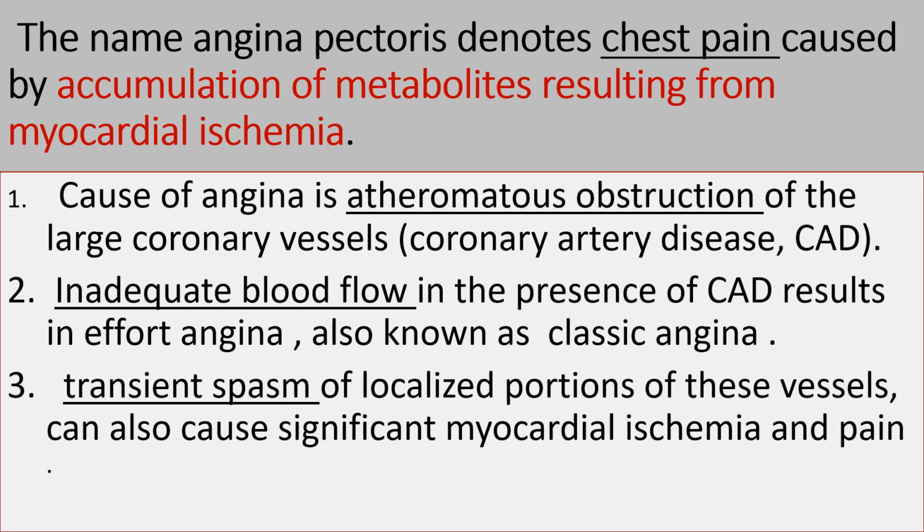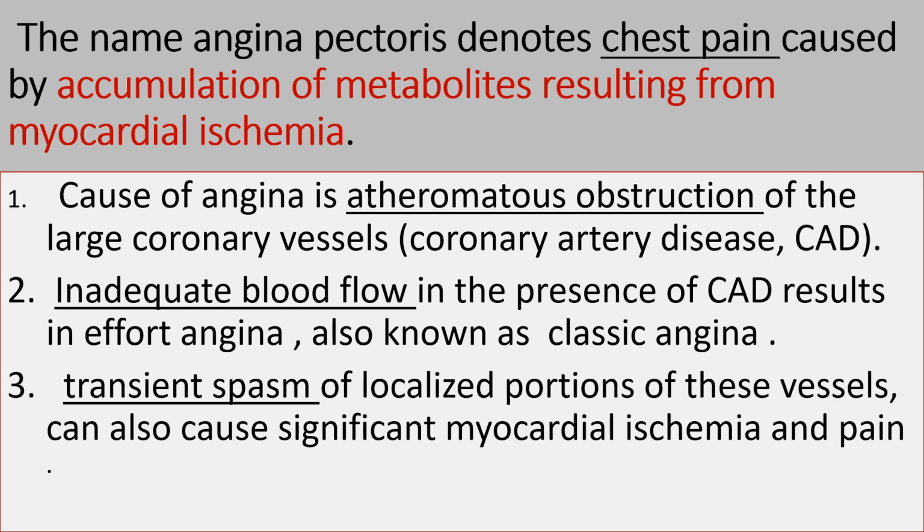Now, what is the cause of angina? It is the atheromatous obstruction of the large coronary arteries, and the disease is called coronary artery disease. Now, what is atheromatous obstruction? Atheroma is when a clot forms, then we call it atheroma.